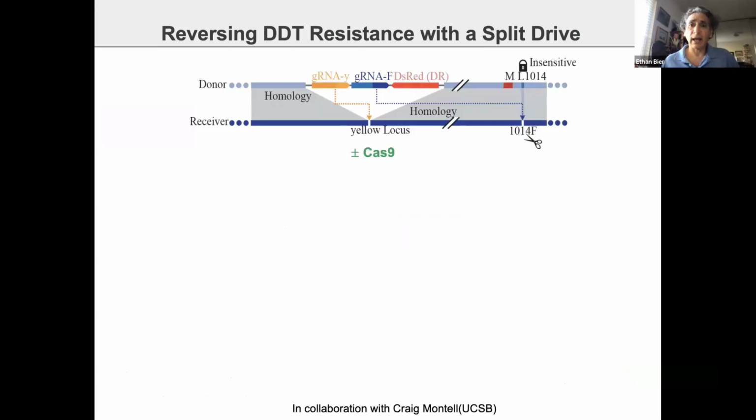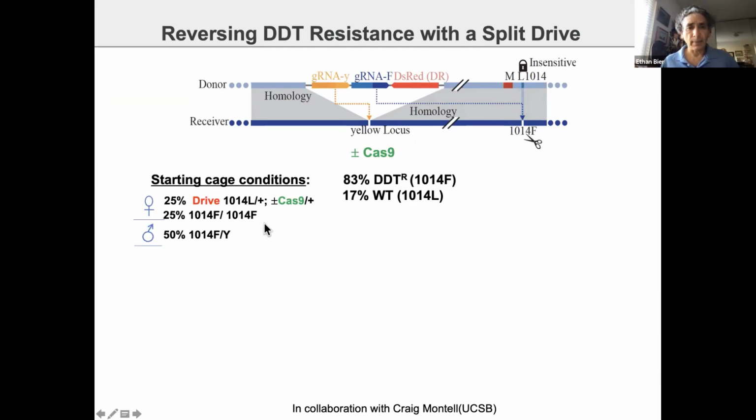In any case, they generated a drive element, in this case a split drive element where the Cas9 was provided elsewhere, that has a guide RNA for copying the element and another guide RNA that targets cleavage to the 1014F, but not to the wild type insecticide susceptible 1014L allele.